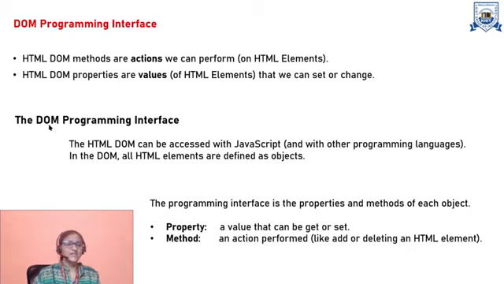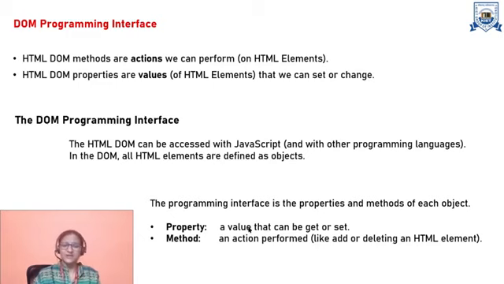Now, the next one is DOM programming interface. What does it mean? HTML DOM can be accessed with JavaScript and other programming languages. In the DOM, all HTML elements are defined as objects. The programming interface is the properties and methods of each object.